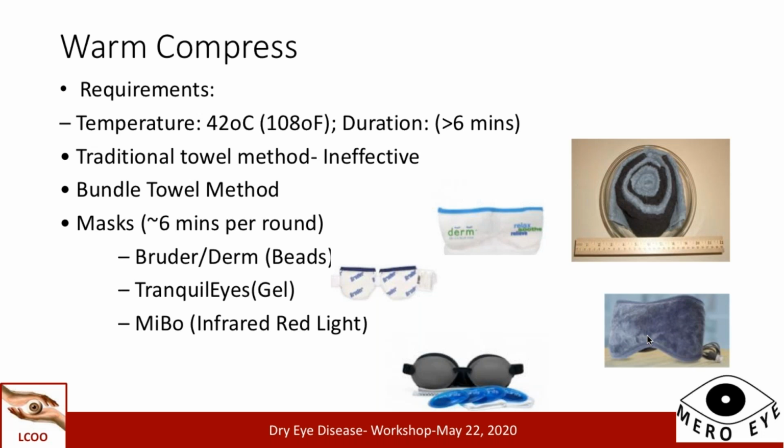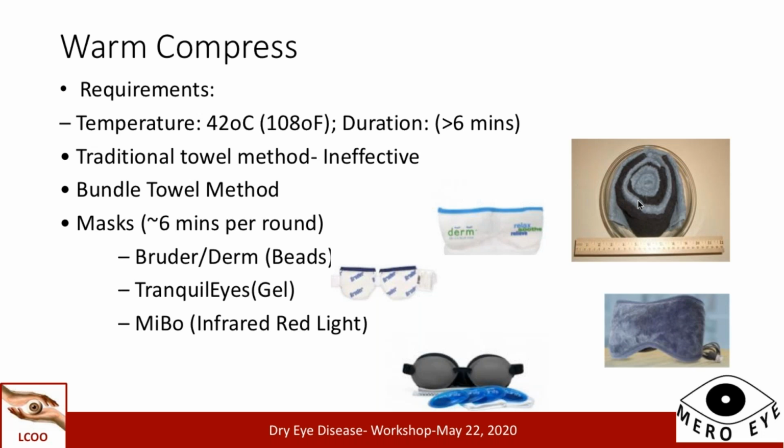We can use different ways of doing it. If you really want to give a towel method, because that's the most reasonable one, you can ask them to bundle the towels. You can see in this photograph how a bunch of 10 napkins can be bundled or rolled in a bowl, which can either be microwaved, or hot water could be placed in it, and these could be squeezed and placed like that, or steamed in a tight container with water around it, so the towel becomes hot.